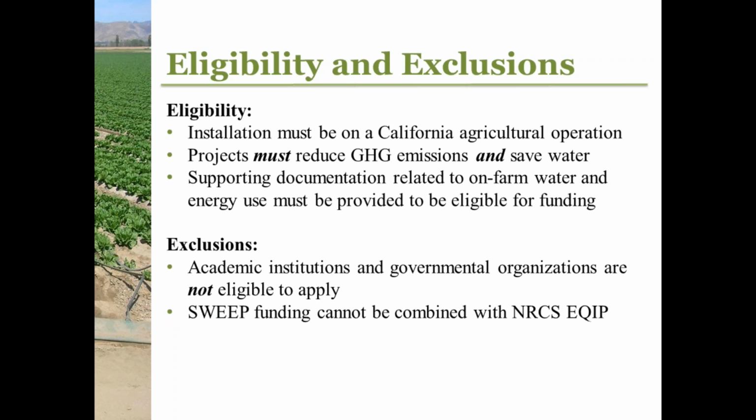However, should you be selected for us as well as USDA NRCS for the same project and APN, we would ask that you let us know and accept one of the funding opportunities. You could apply for USDA NRCS EQIP funding and may receive funding for that, but it must be a different project from SWEEP and vice versa.